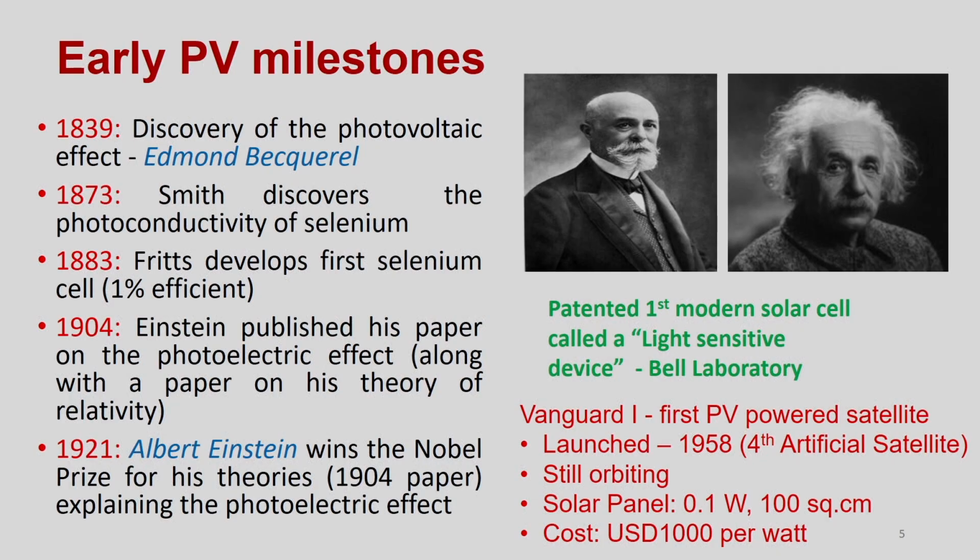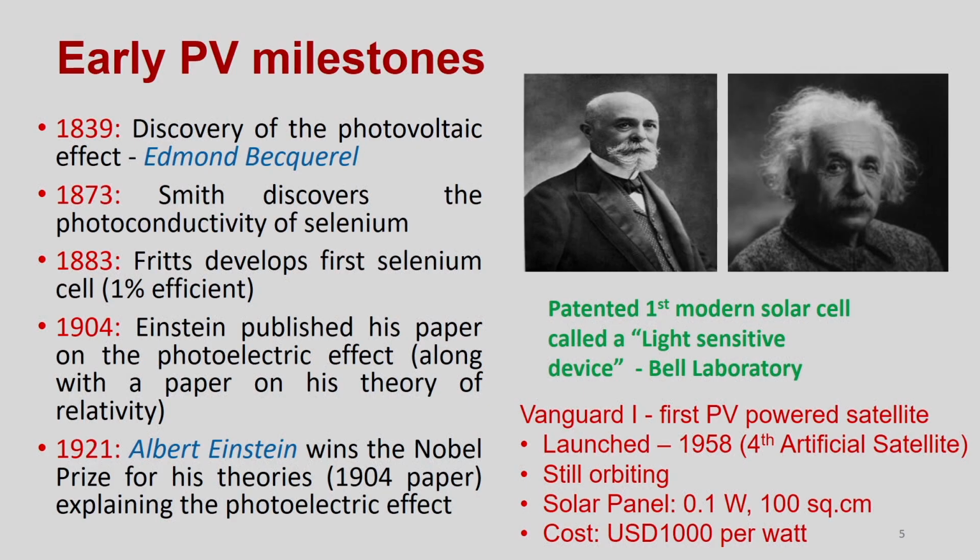So, what he observed was that with exposure to light, a rise in current was observed. And in 1873, Smith discovered the photoconductivity of selenium. Fritts developed the first selenium cells having efficiency 1% in 1883.